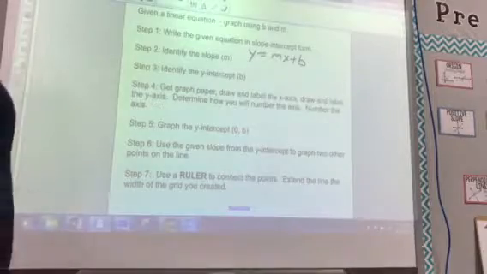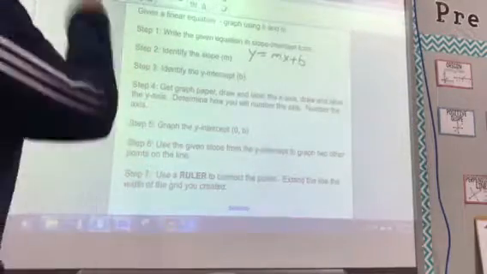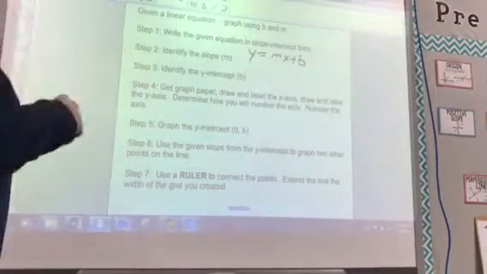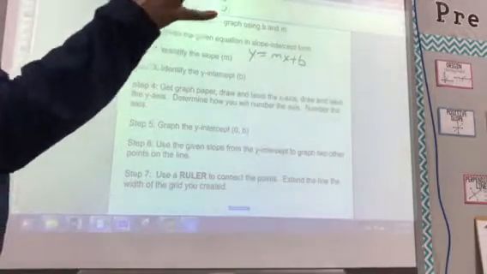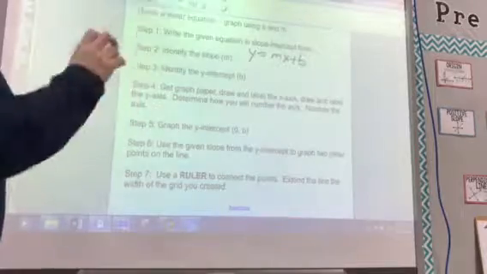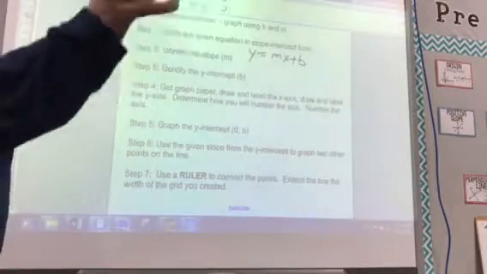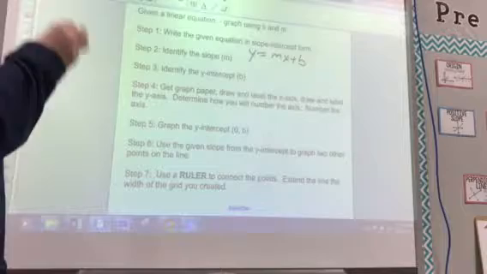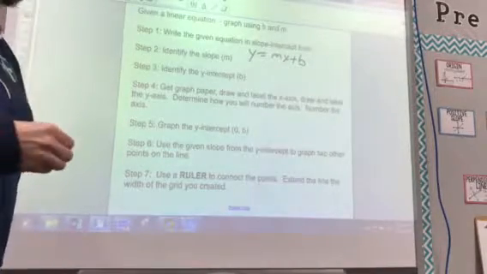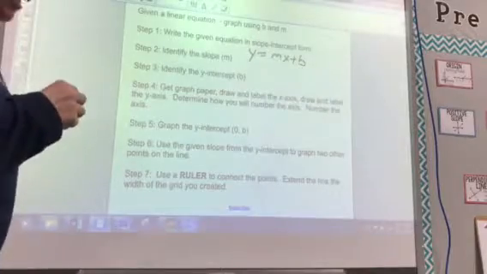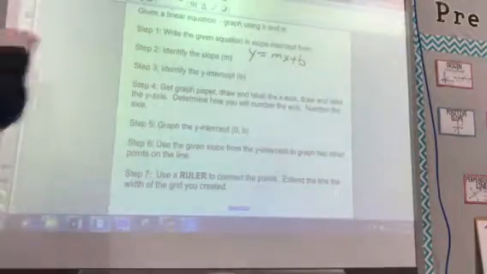Get graph paper. Label your x-axis. Draw and label your y-axis. Determine how you're going to number the units: 1, 2, 3, 4, 5, or 2, 4, 6, 8, 10, or 100, 200, 300, 400. Figure out how you're going to label it and number it. Please number your axis. There is someone who did not number their axis the other day.